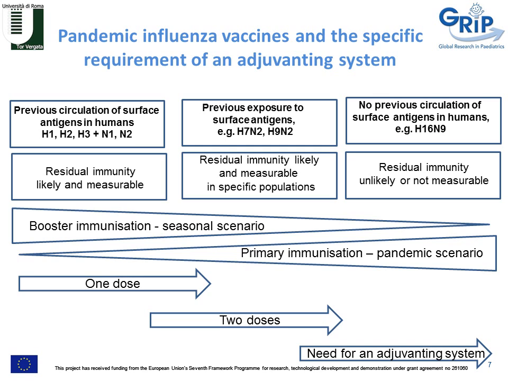And primary immunization is definitely needed, and this is the scenario lined out on the right of that slide when totally novel influenza viruses emerge, like this H16N9 example. Here, an unadjuvanted vaccine formulation doesn't make sense anymore at all.